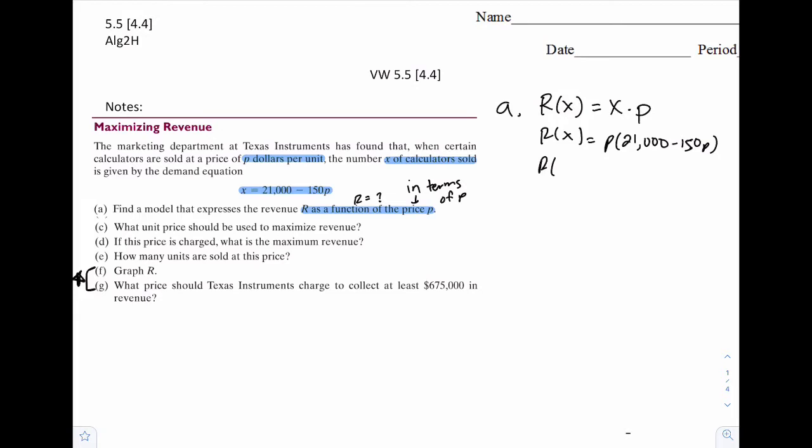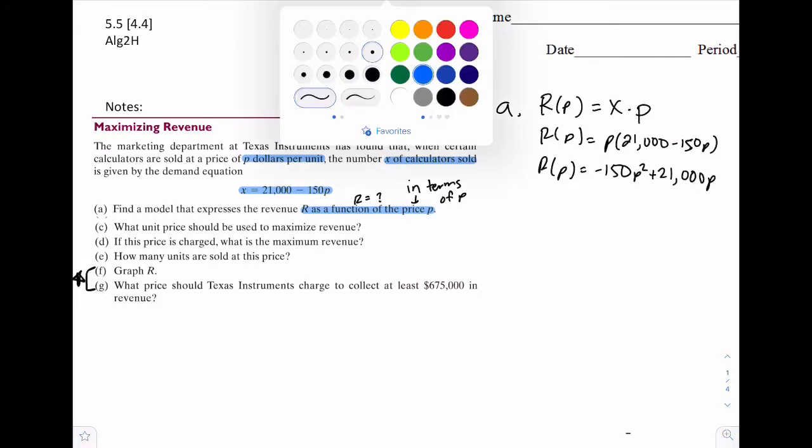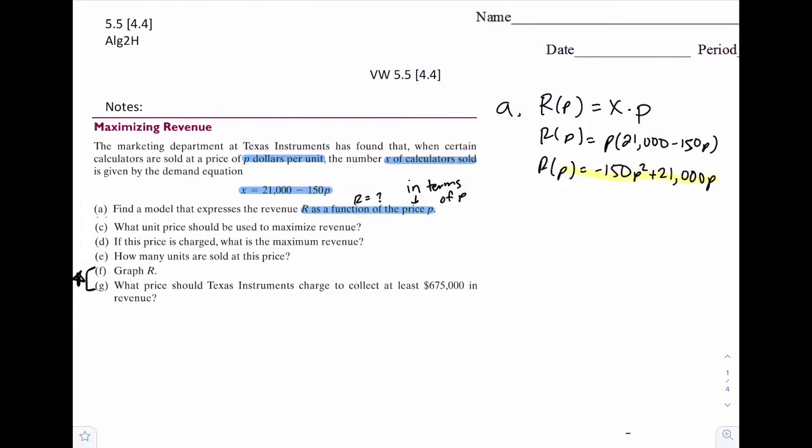So now we have our function, and actually this is R of X. I should probably change that to R of P because it's in terms of P. So R of P is going to equal negative 150p squared plus 21,000p. And let's highlight that. So there's part A, there's our model.